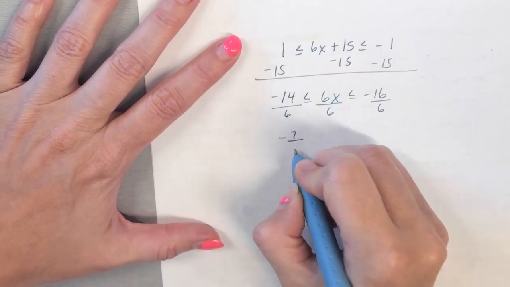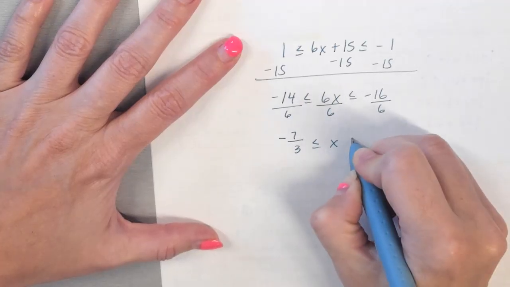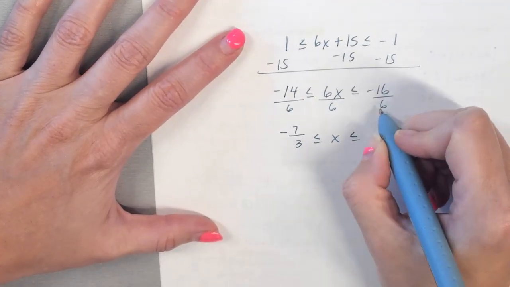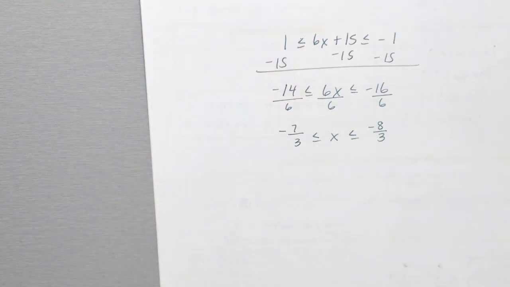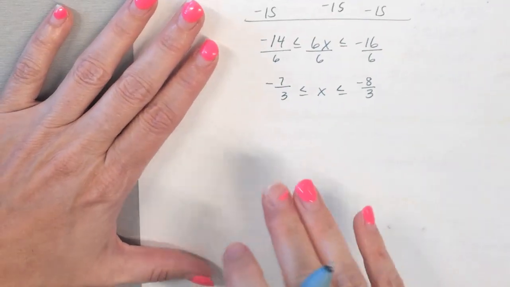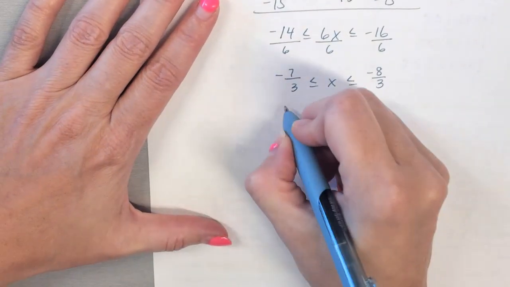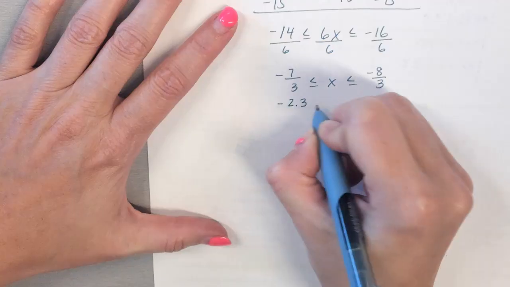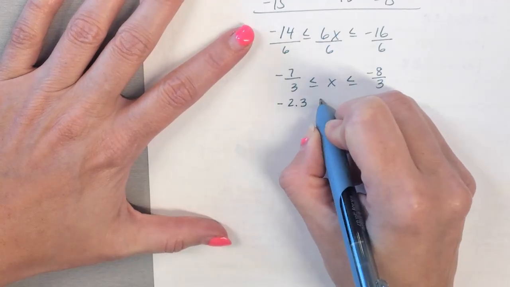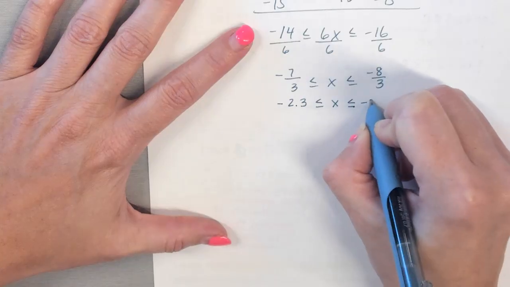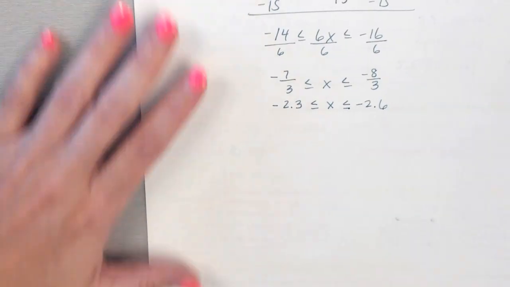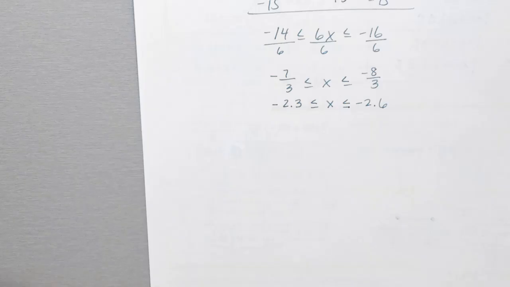So you divide by 2. Okay, and then you get x is between -7/3 and -8/3. Okay, just to help you visualize what this is, I'm going to write them as decimals because I think that's easier for you to process. So what you have is -2.3 is less than or equal to x, which is less than or equal to -2.6. Again, this cannot be true.